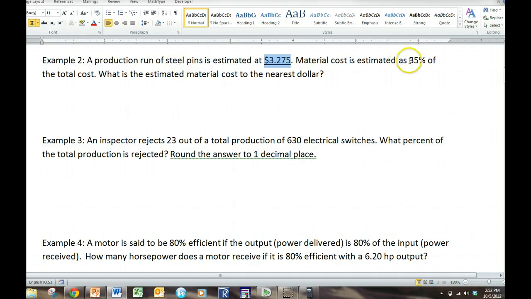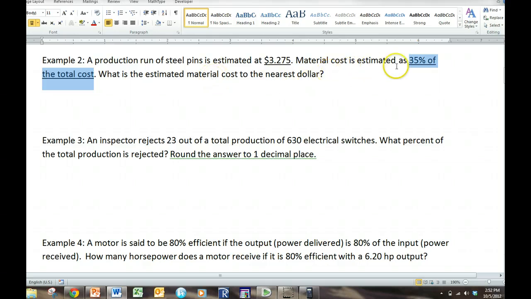And then the material cost is estimated as 35% of the total cost. What is the material cost? You have to read this and think about it.